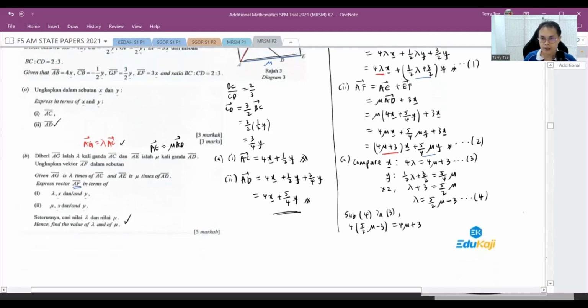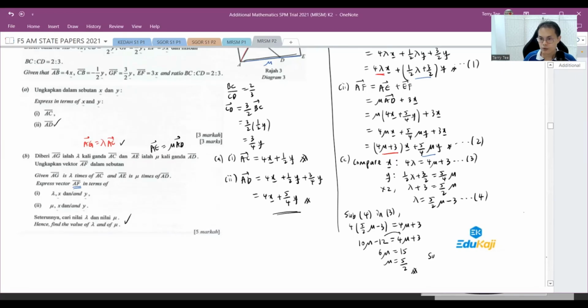When you times in, this 4 and 2 can cancel, left with 2. 2 times 5 is 10 mu. 4 times negative 3 is negative 12. This is 4 mu plus 3. 10 minus 4 will give us 6. 12 I bring over, 12 plus 3 will give us 15. My mu is 15 divided by 6, which is 5/2.